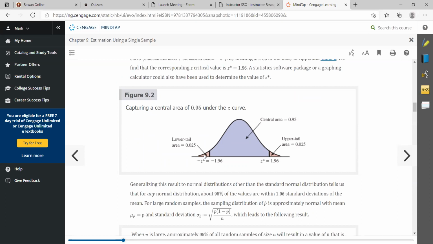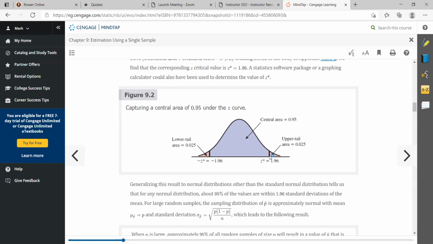I'll repeat this: it's the area to the left of your critical value. For example, the critical value is 1.96 here. If we do inverse norm in our calculator and we want to find this 1.96, we must use the area 0.975.